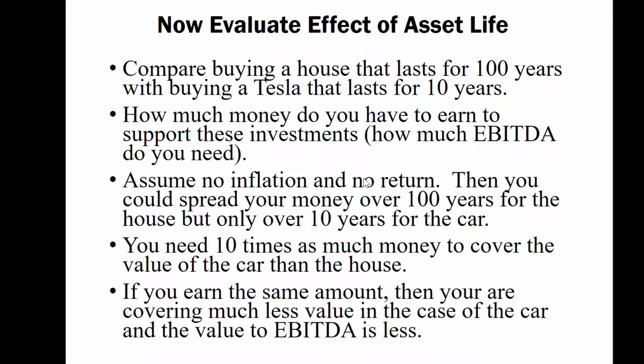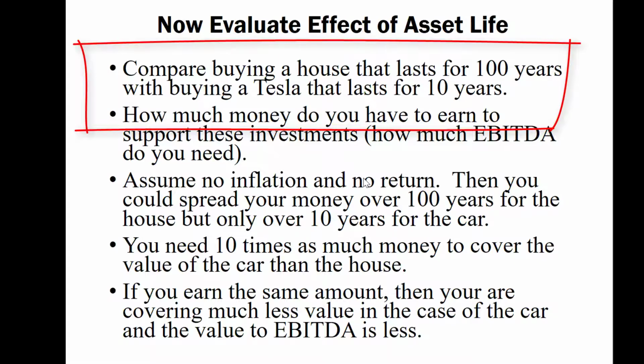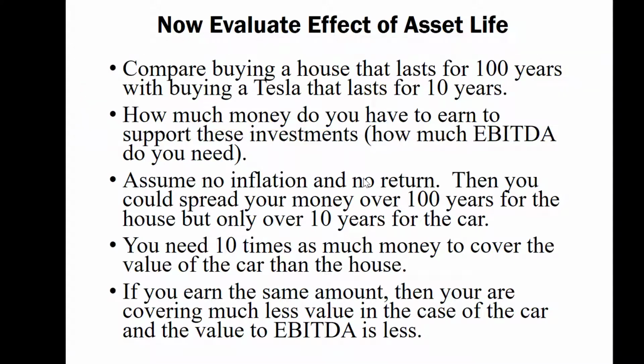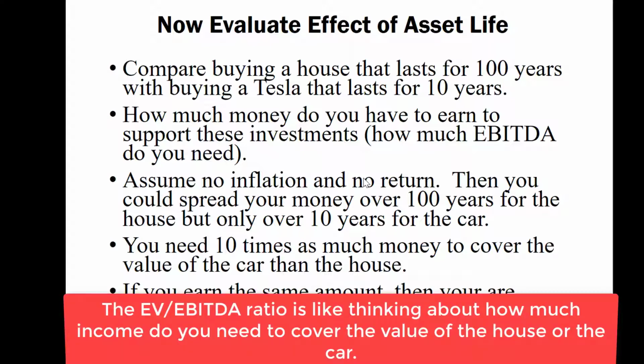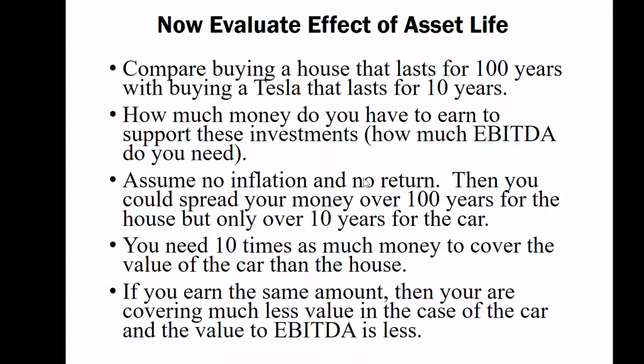So I say let's compare buying a really expensive car to buying a cheap house, and let's say they cost the same amount. The car you have to replace every few years. The house lasts for a very, very long time. How much earnings do you need? How much EBITDA do you need to get the house versus the car if they're the same price?